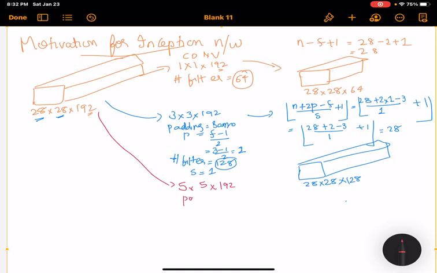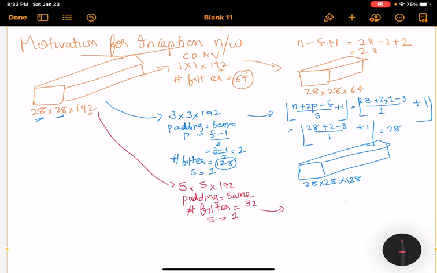Again, padding is equal to same, and say I will use the number of filters to be 32 and stride to be equal to 1.